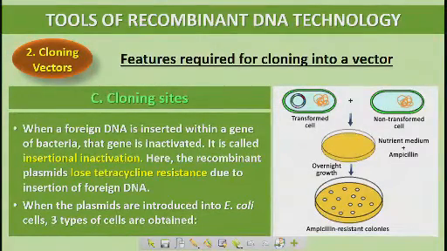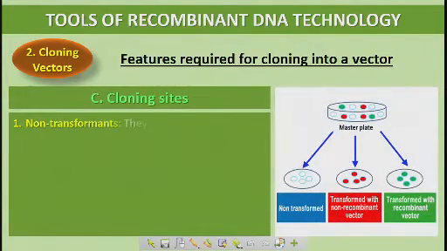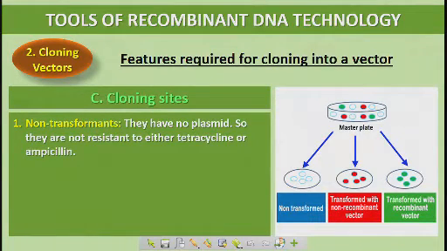When the plasmids are introduced into E. coli cells, three types of cells are obtained. The first one is the non-transformants. They have no plasmid, so they are not resistant to either tetracycline or ampicillin.